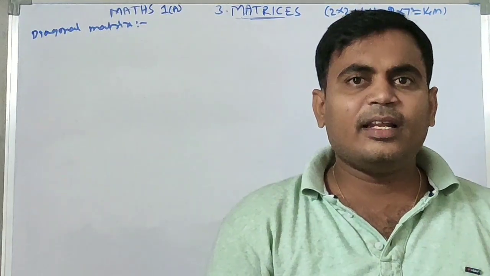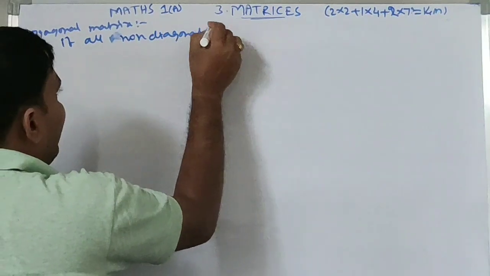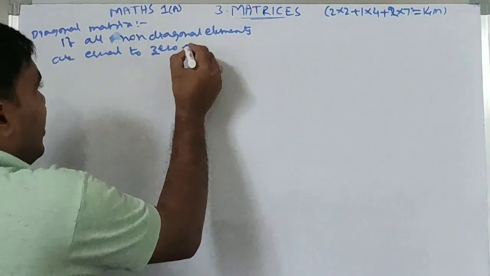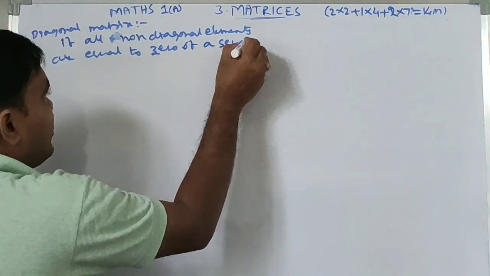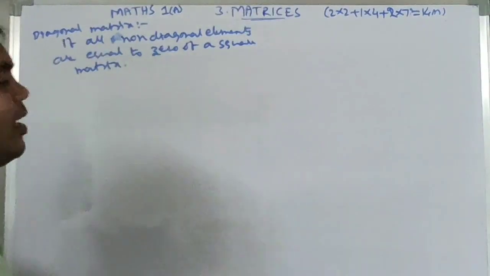If all non-diagonal elements of a square matrix are equal to 0, then it is called a diagonal matrix.